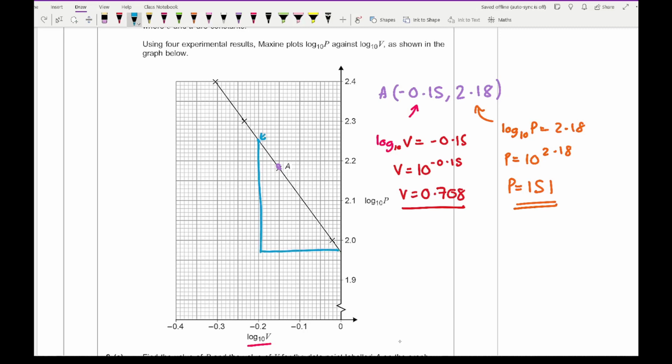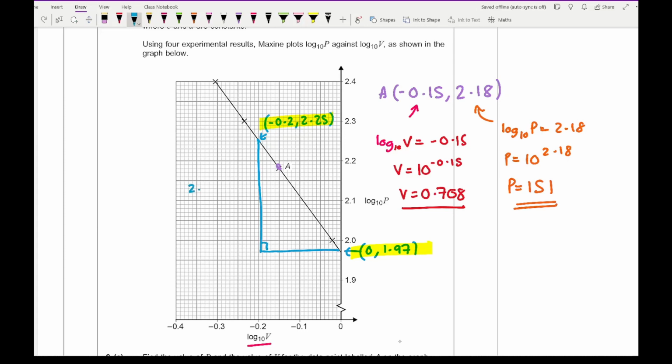So at this point here, I've got an x ordinate of minus 0.2 and a y ordinate of 2.25. Then at this point here, I make it being at 0, and it's at 1.97. So using these two coordinates, I can work out the base and the height of this triangle.